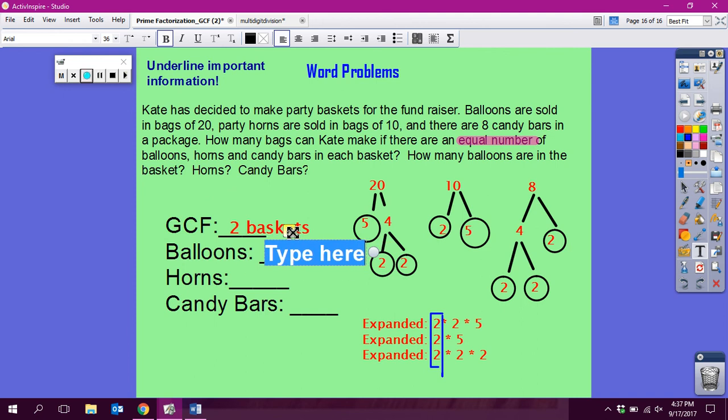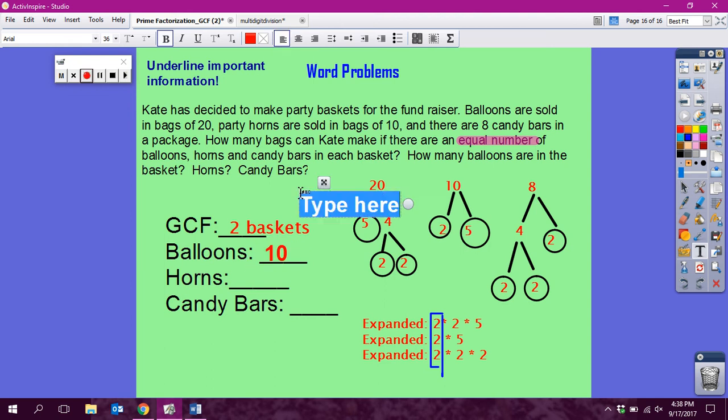So 20 divided by 2 would tell me that there are 10 balloons in each basket, because 10 times 2 would give me my original 20. Then take that 2 again. I've got 10 horns. 10 divided by 2 would be 5 horns in each basket. And then the last one is my candy bars, and you started with 8, and then I've got to split those between 2 baskets, so that means there are 4 candy bars in each basket.